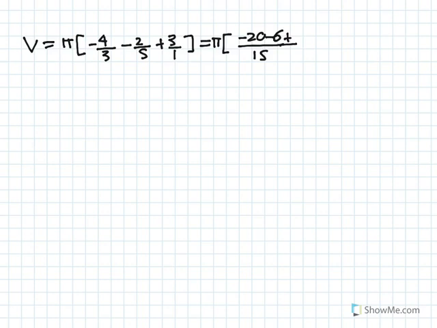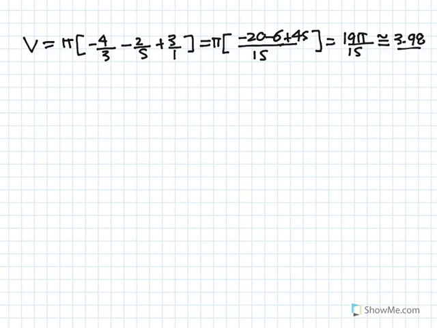And 1 goes into 15 times 3 is 45. If we add these numbers, we're going to get 19 pi divided by 15. If we decimalize this, this is the value for the volume of the solid of revolution, 3.98. And the units will be units cubed. Could be centimeter cubed or meter cubed, for example.